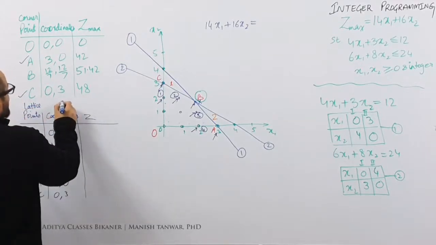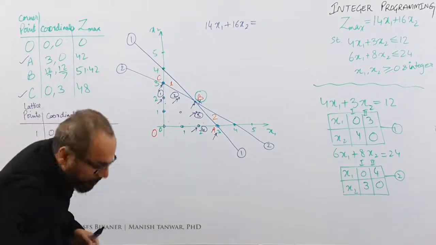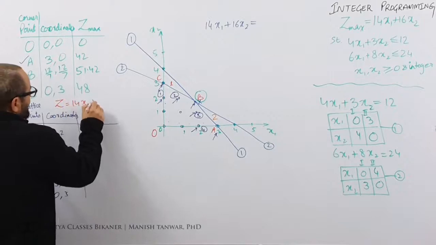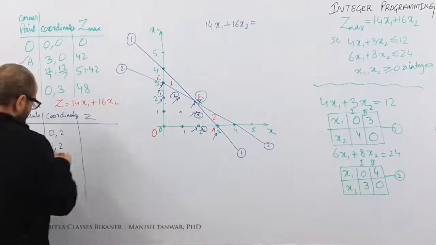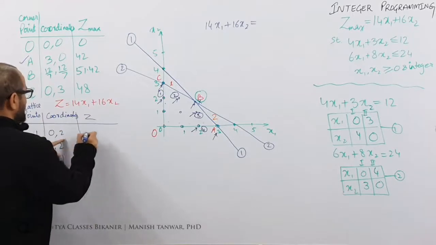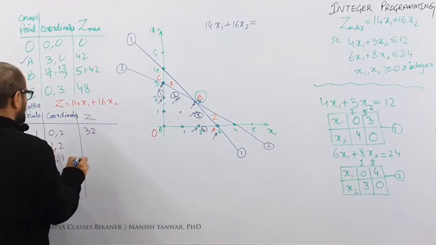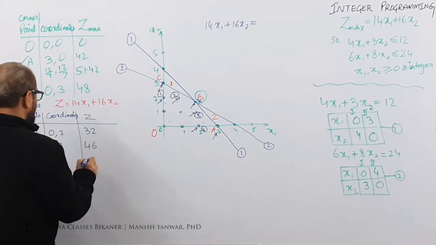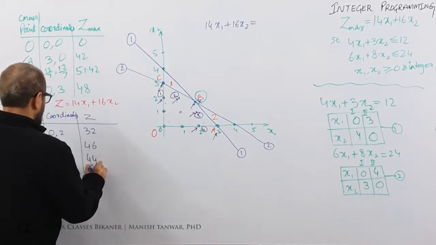So Z was 14 x1 plus 16 x2. So I'll get Z of 32. This will be 32 plus 14, 46, 28 plus 16, 44.